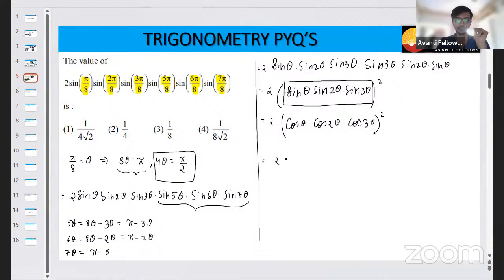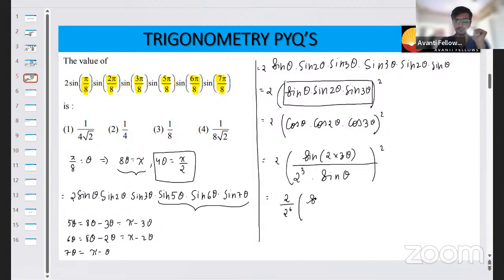Now we can write 2 into, what is the formula? Sine of twice the highest angle upon 2 raised to the power number of terms into sine of lowest angle, the whole square. So this is 2 upon 2 to the power 6 into sine 6 theta upon sine theta, the whole square.